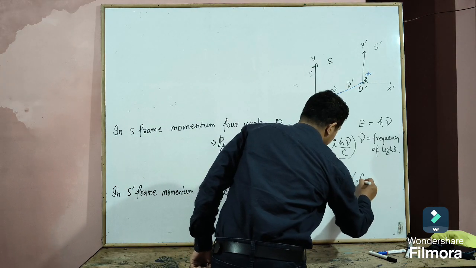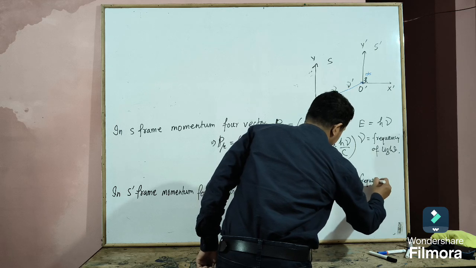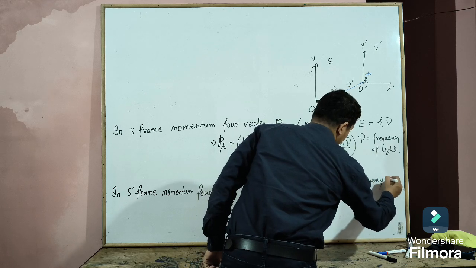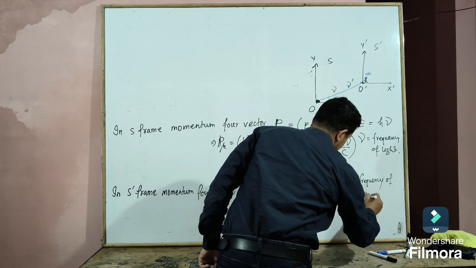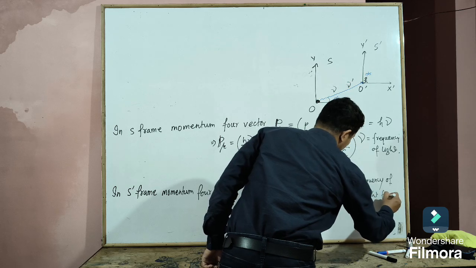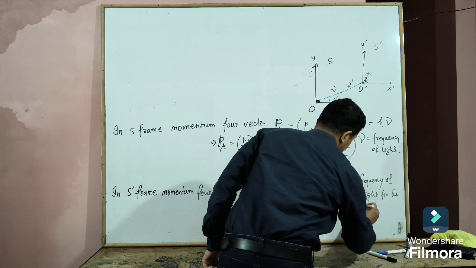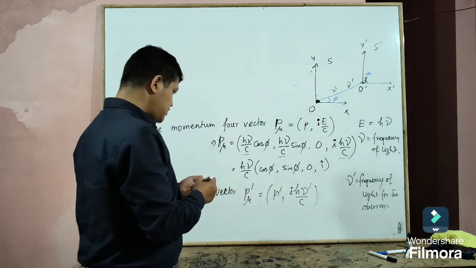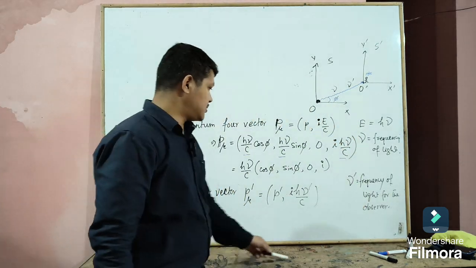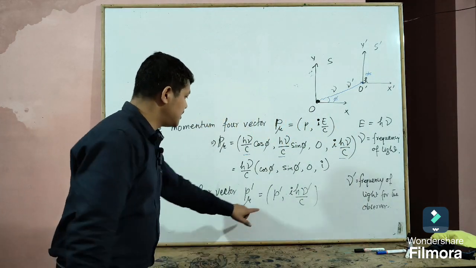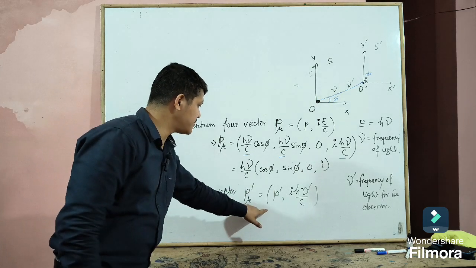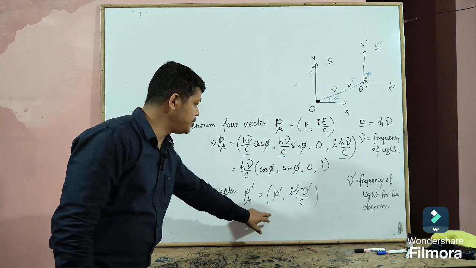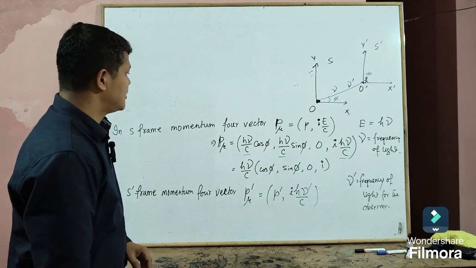The frequency of light for the observer, right? Now you see again this p dash also has three components, p1 dash, p2 dash, p3 dash, right?